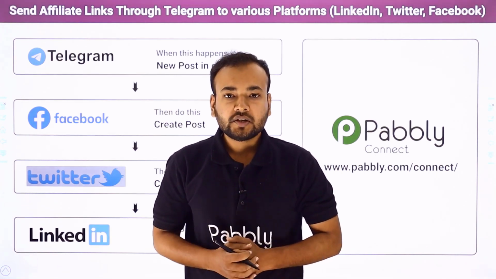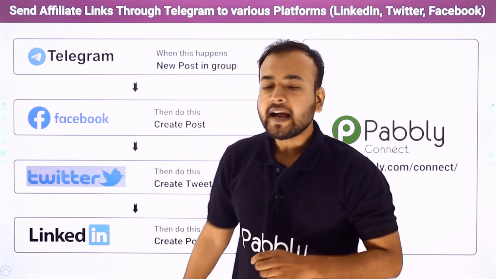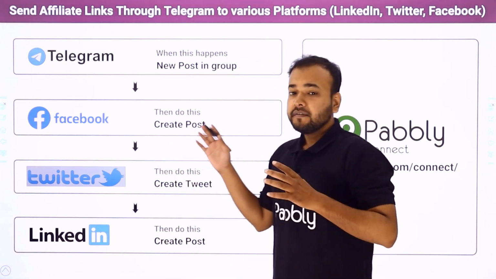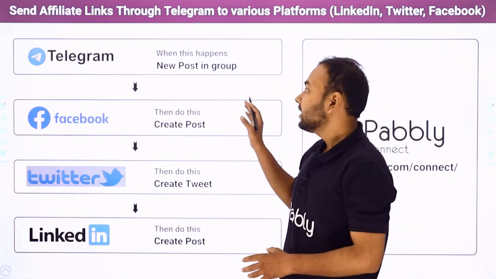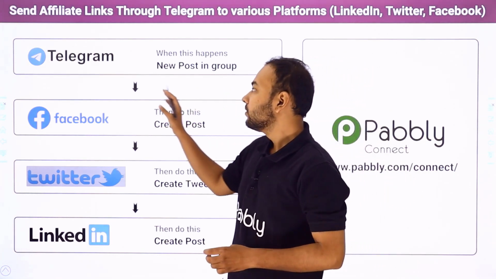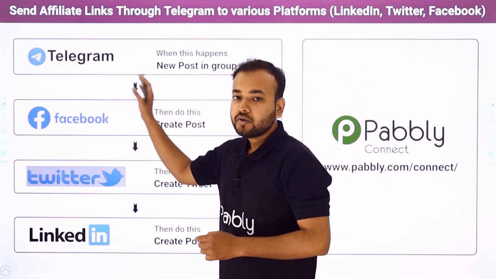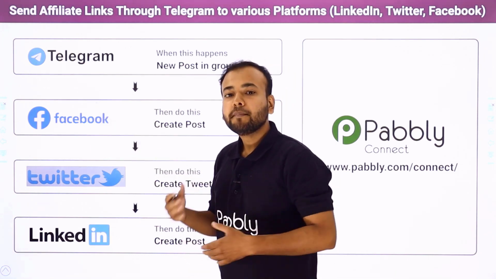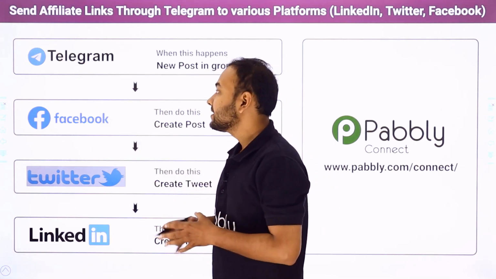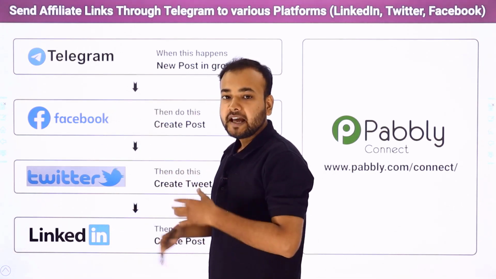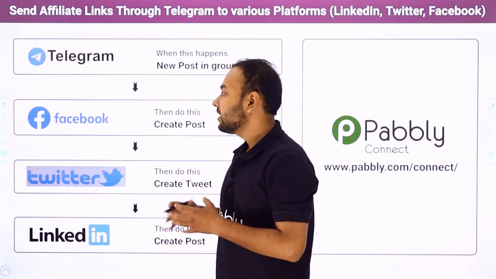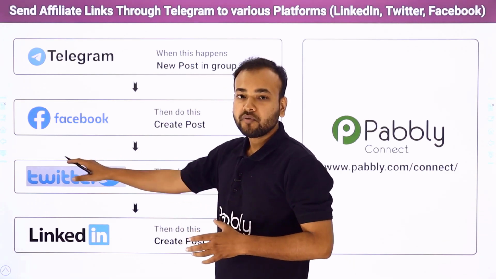Now to get this done, you have two ways. One is that when you want to share the affiliate marketing link with the people who are in your Telegram group, you come to the Telegram group and manually compile a message for your audience here in Telegram. Then you come to the Facebook page and type the same post here and provide the link to your Facebook followers.